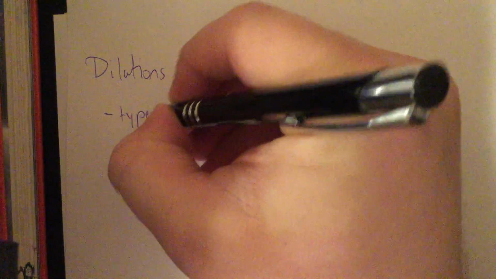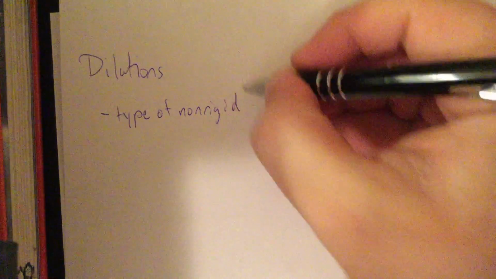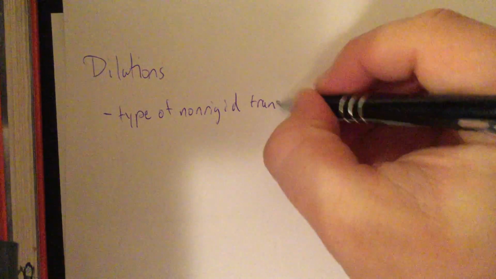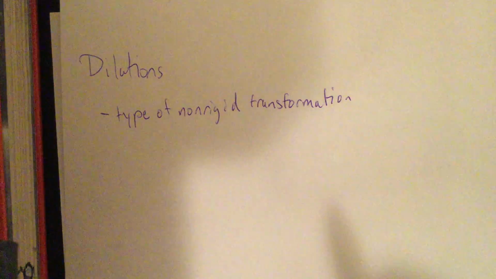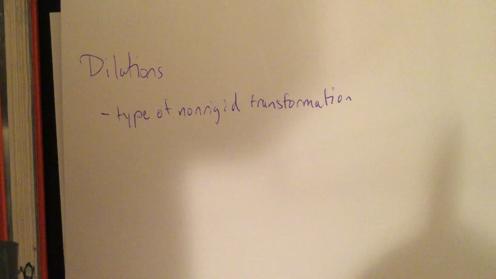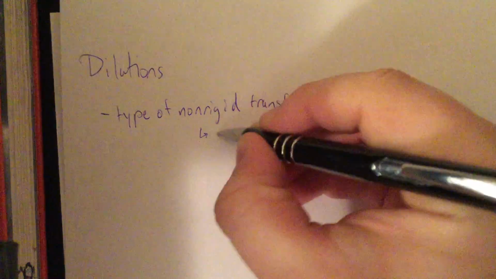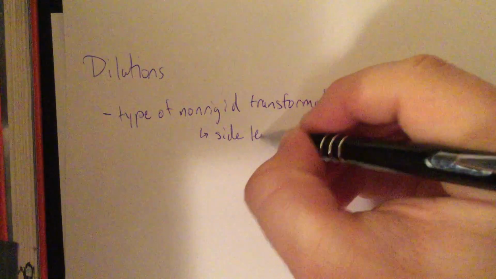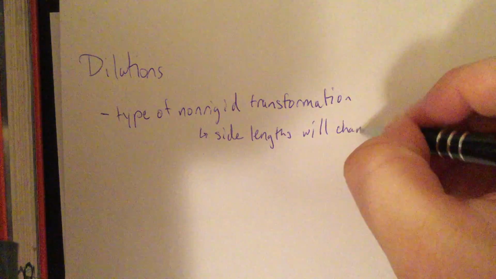So a dilation is a type of non-rigid transformation. Okay, so if we recall, non-rigid transformation means that the sides will change. Okay, so our side lengths will change.